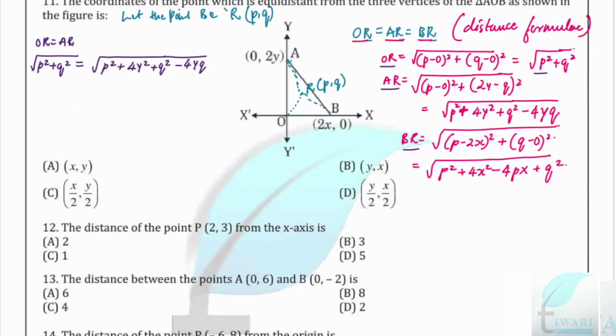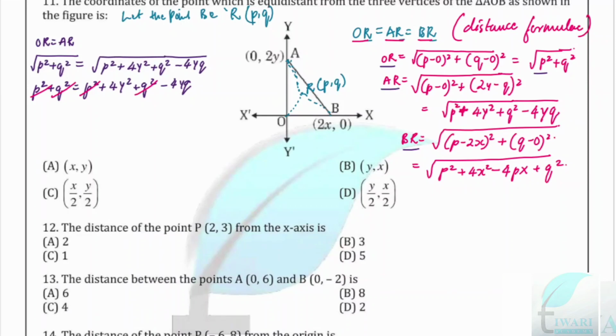So squaring on both the sides, we will get P square plus Q square equals to P square plus 4y square plus Q square minus 4yq. Here the same terms are Q square and P square.